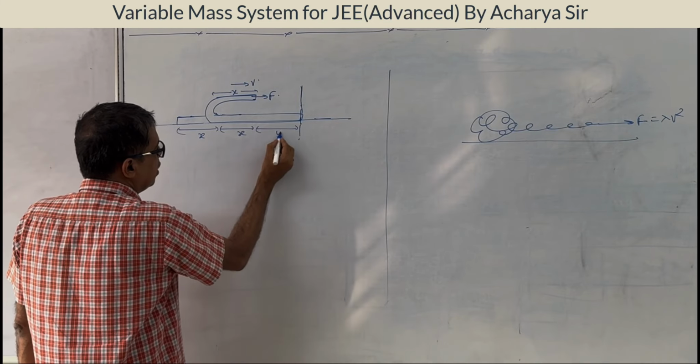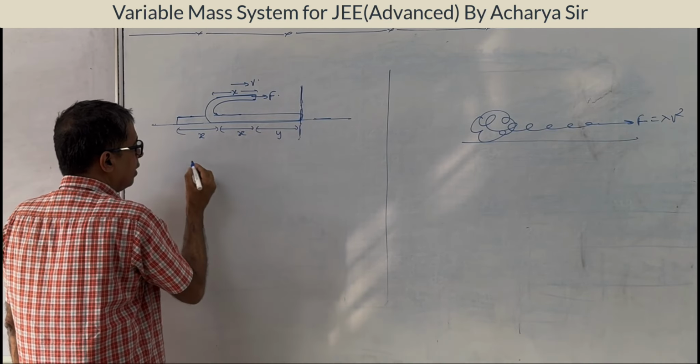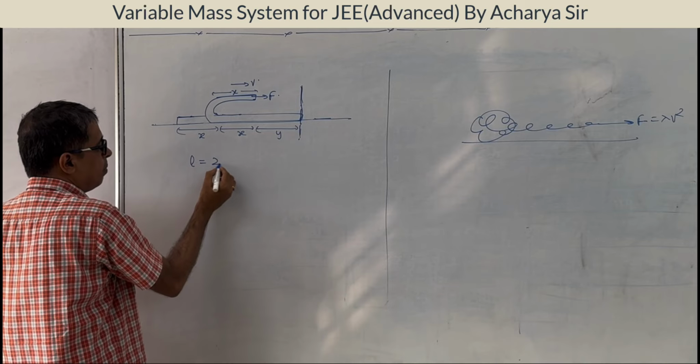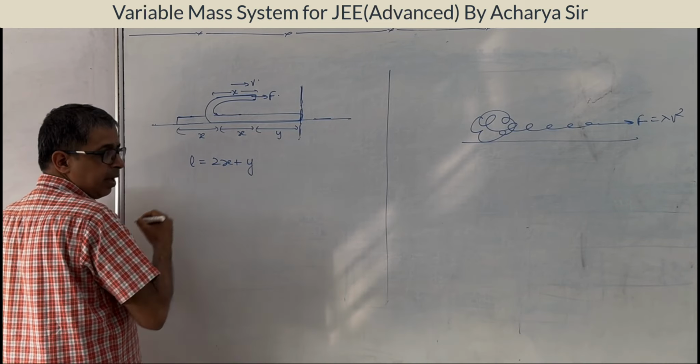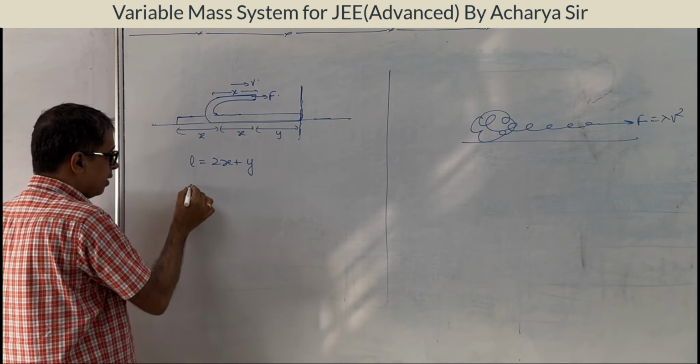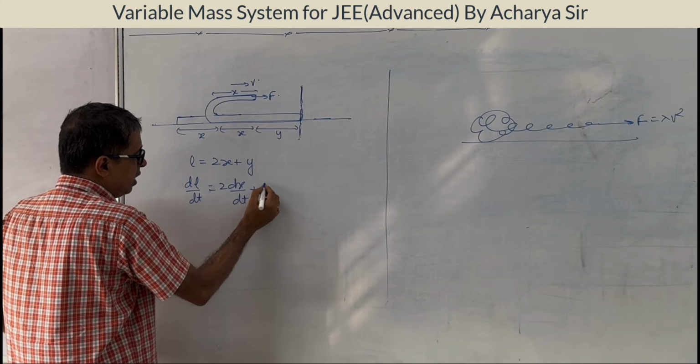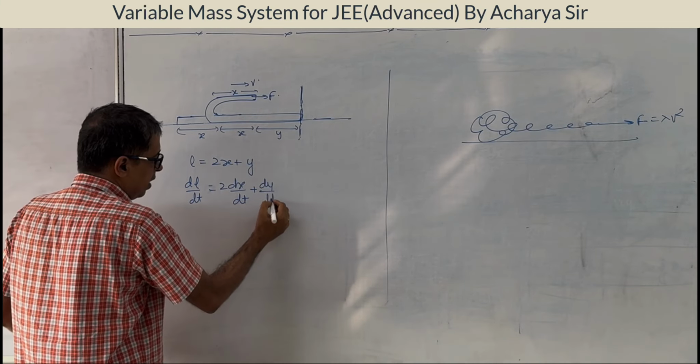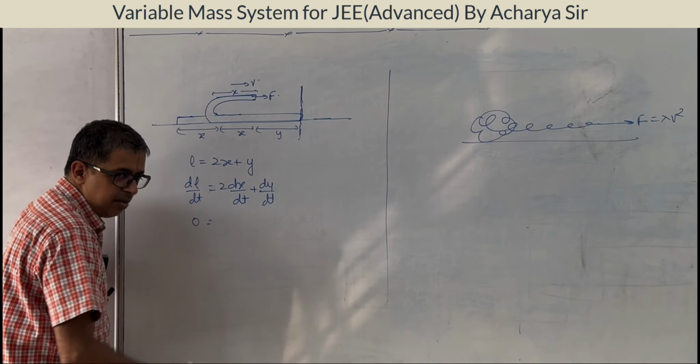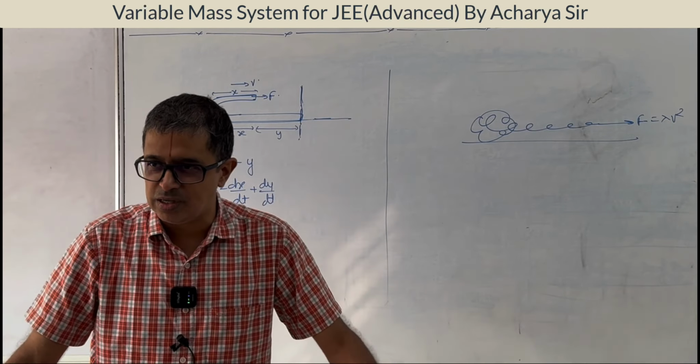I'll take this length to be y. Length of the carpet is 2x plus y. dl by dt equals 2 times dx by dt plus dy by dt. dl by dt will be 0. Length of the carpet is constant.